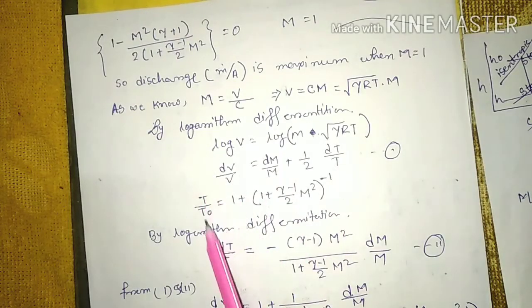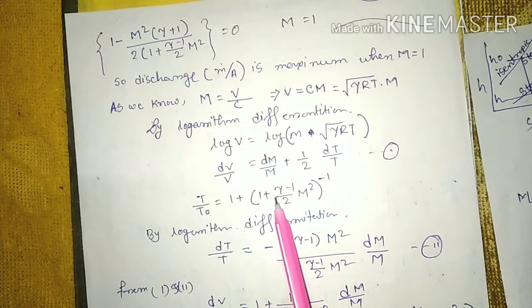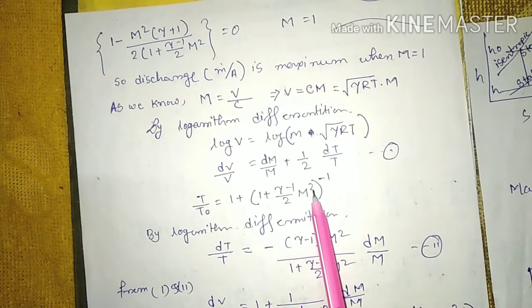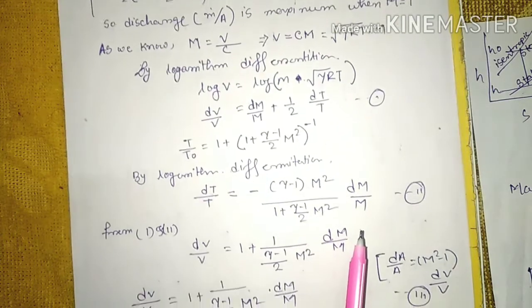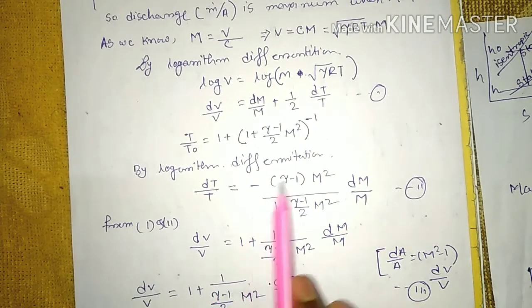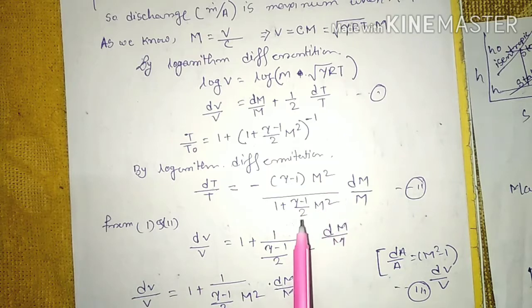Here it is T by T0, that is 1 plus gamma minus 1 by 2 into M square to the power minus 1. Now by logarithmic differentiation, you can get dT by T is equal to this one.